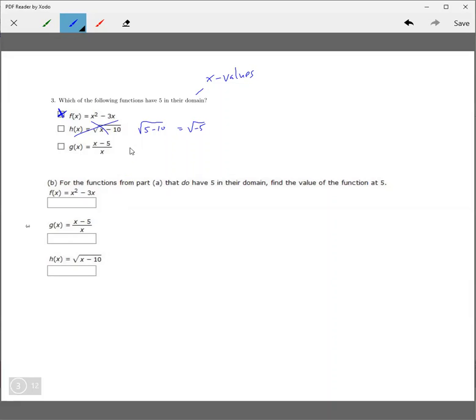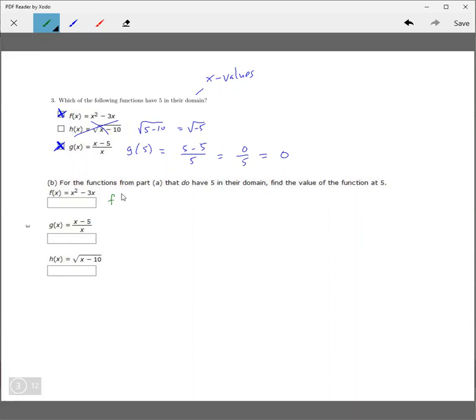But here, you can plug a 5 in. You just get 0 in the numerator, which makes it 0. So that one is okay. So the first and the last ones have 5 in their domain. For part B, for the functions that do have 5 in their domain, find the value of the function at 5.